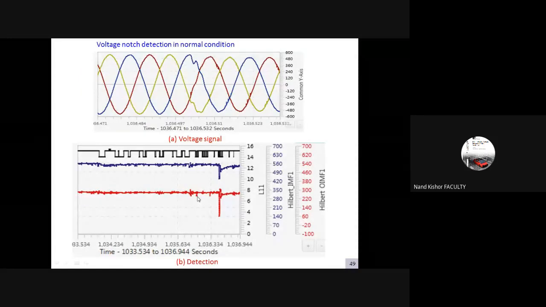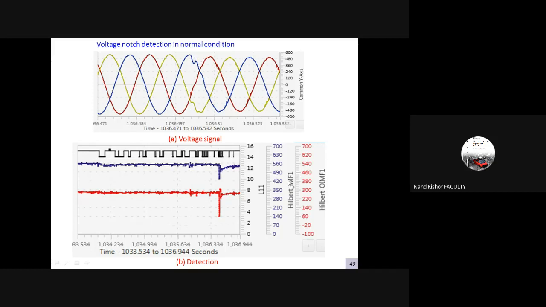And this is the slide for notch detection in real time. We applied some physical event and created a notch in one of the phases. You can see that it is observed here. With this technique, the wavelet approach is not able to detect the instant of the notch occurrence here.